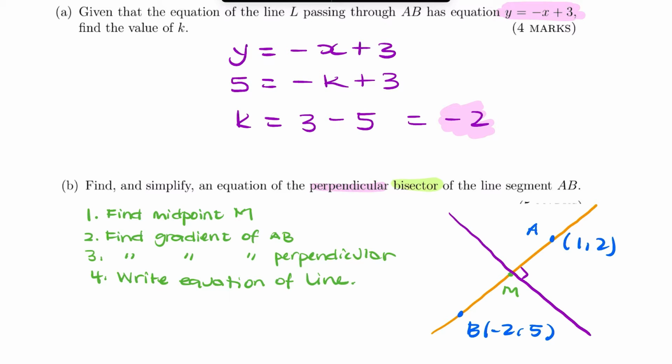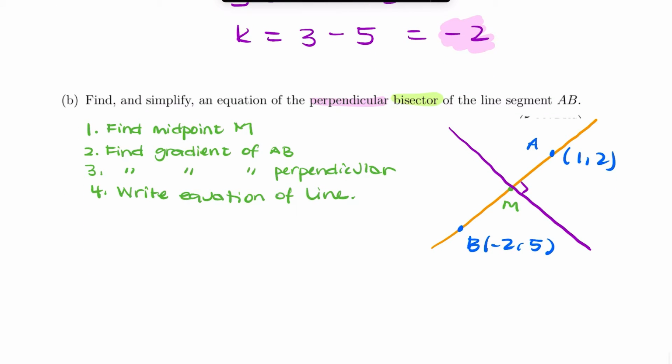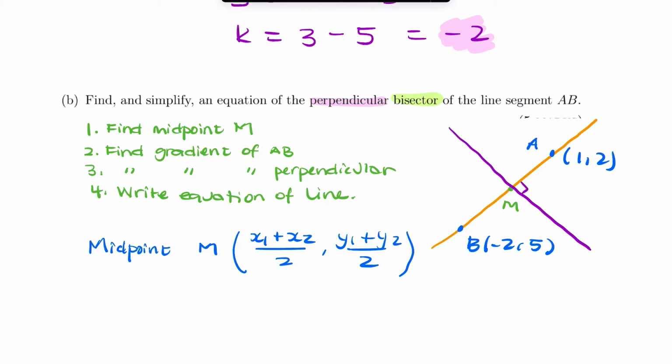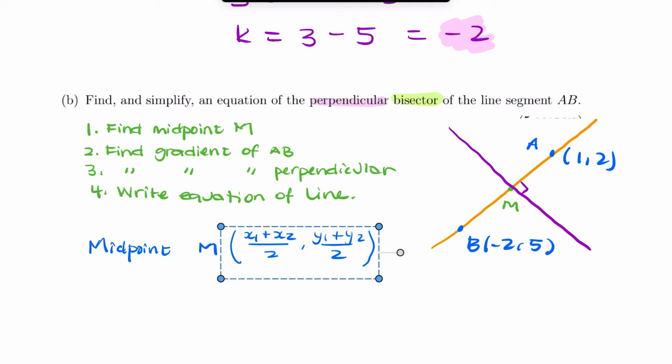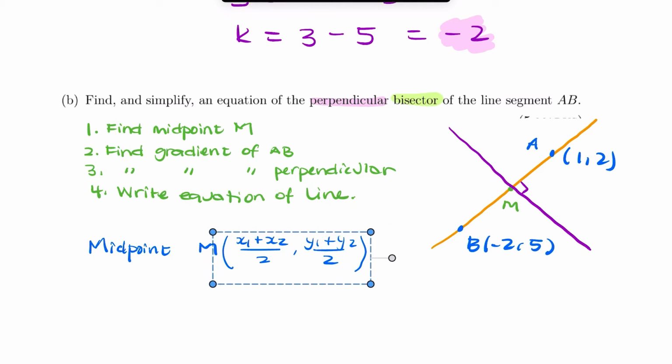So step number 1, how do you find the midpoint? There's a formula for that. So the midpoint is found by adding x1 plus x2, then dividing by 2, then adding y1 plus y2 and dividing by 2. So we know x1, we know x2, we know y1, we know y2, so we can do that really easily.